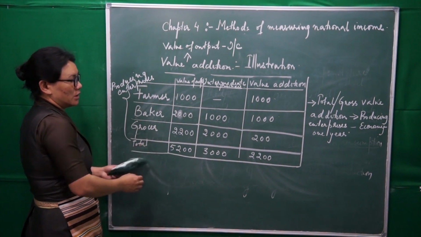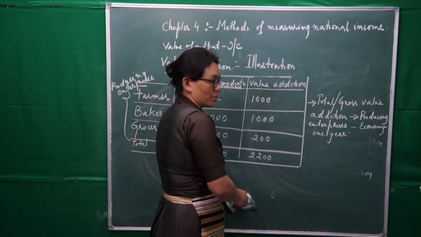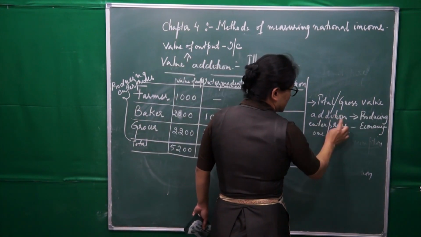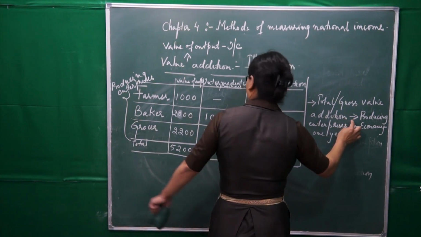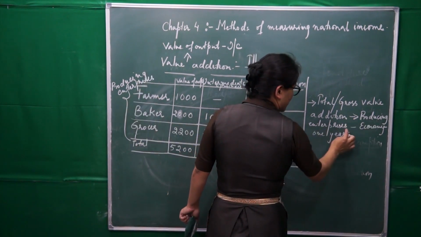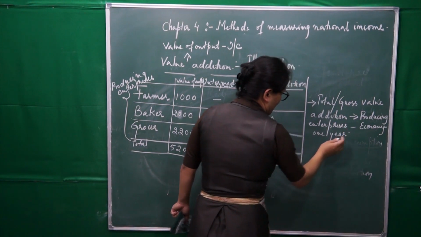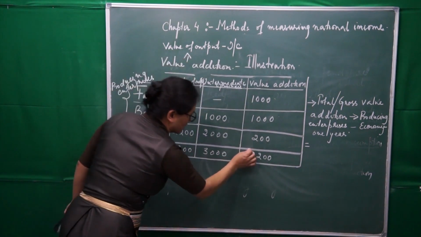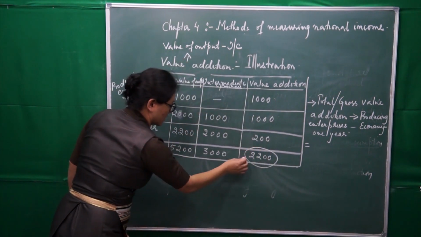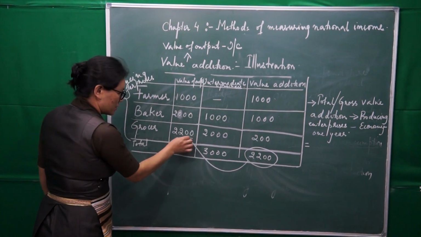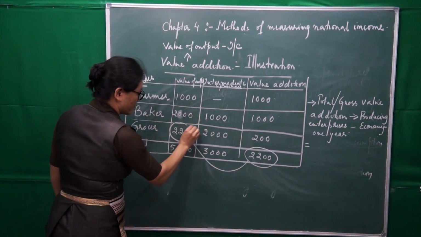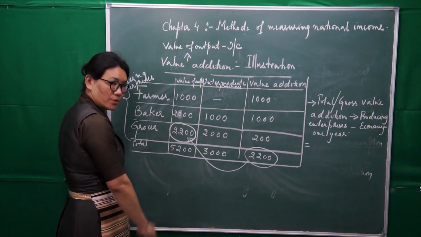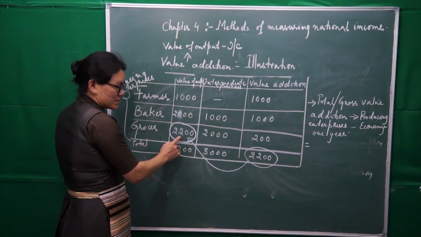Right? Okay. Now see here. You have to pay attention to it. Gross value addition of each producing enterprise will be equal to this one. Right? If so, then what is this now?